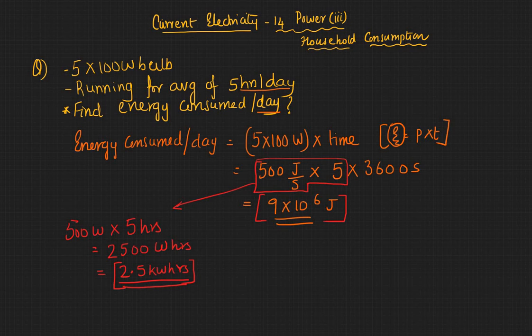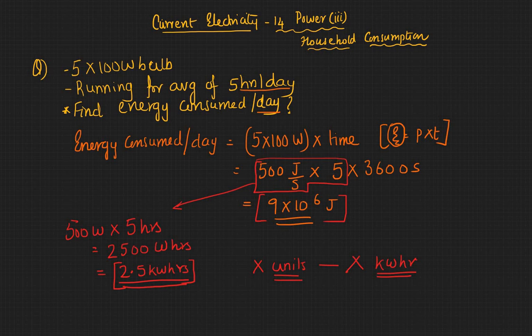So when you get a bill from the electricity board saying that you have consumed X units, what they mean is you have consumed X kilowatt hour. So 1 unit is 1 kilowatt hour.